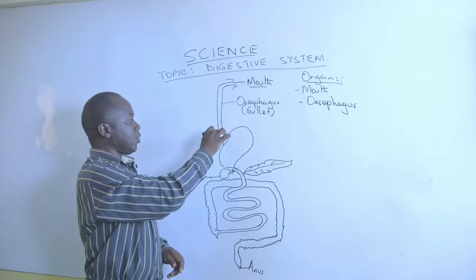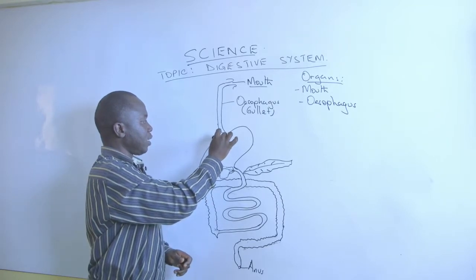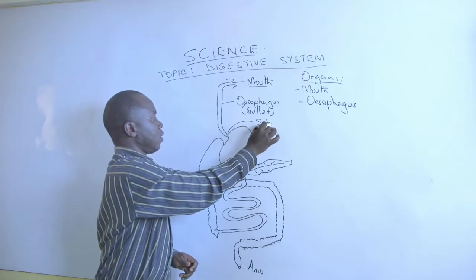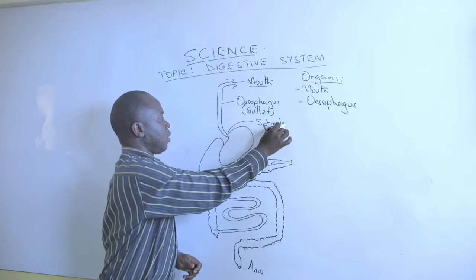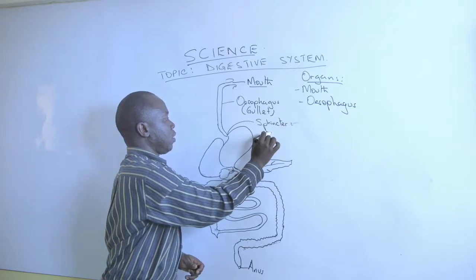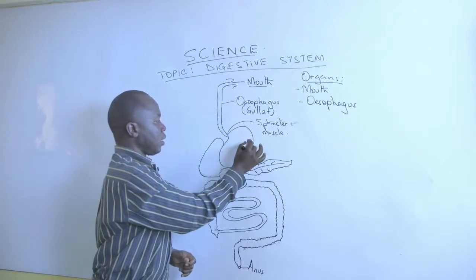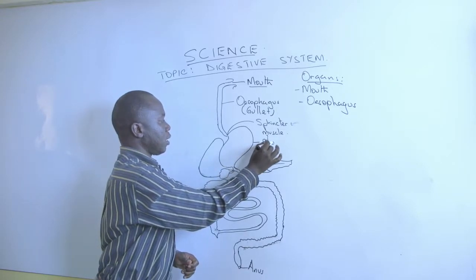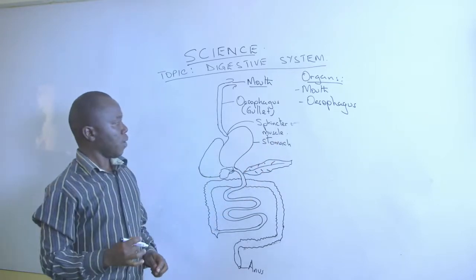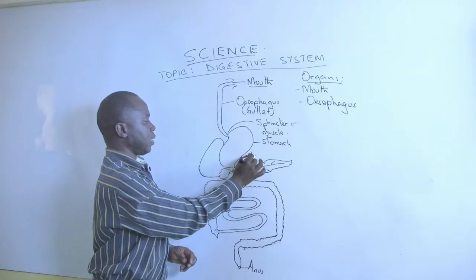And then down it will run into another structure. We have the sphincter muscle. Then the stomach. And then another sphincter muscle; we shall give them exact names.